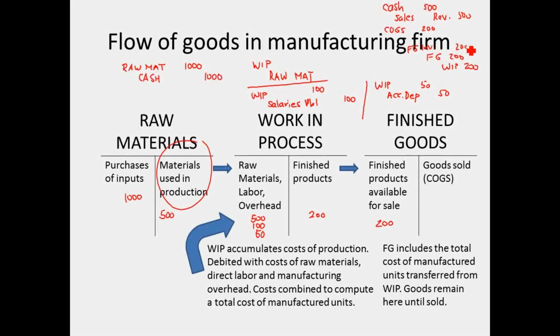So when I make the sale in that same period is when I record the cost. This cost of goods sold has a little of everything. It has raw materials, labor, depreciation, other overhead. It's all bundled in there.